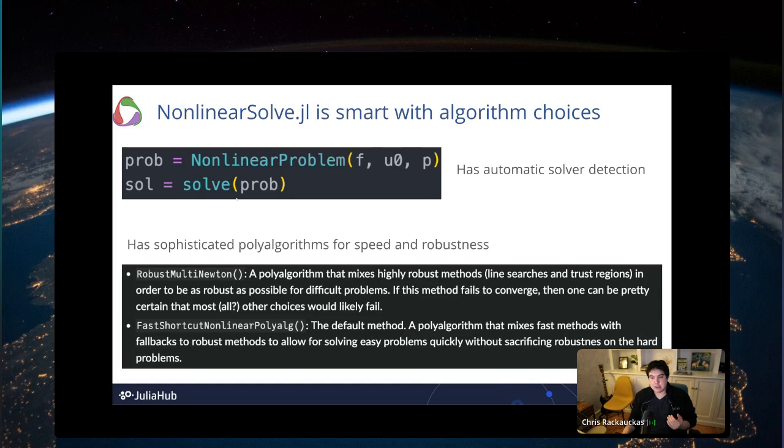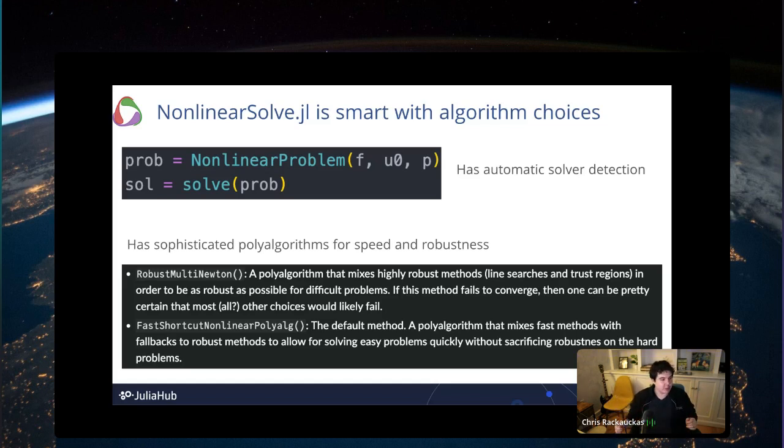And what it does is it uses these kind of poly algorithms now. It's very easy in a nonlinear system to know whether you solved the problem or not, right? So it can do something like a fast method and say, oh, Broyden's method is going to be the fastest for large problems because you don't have to calculate Jacobians or whatnot. Let's try that for a few iterations.